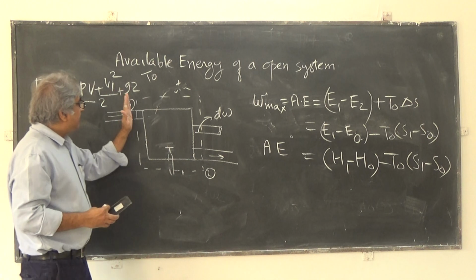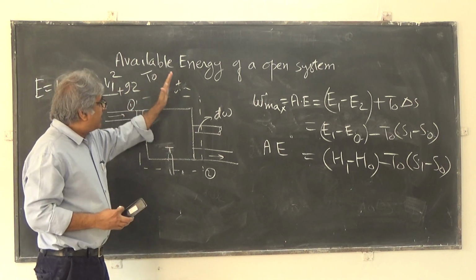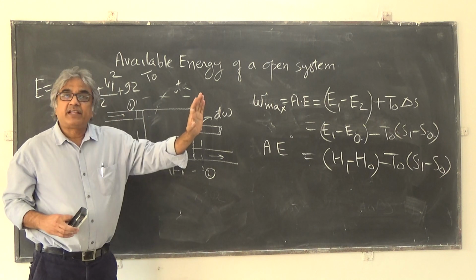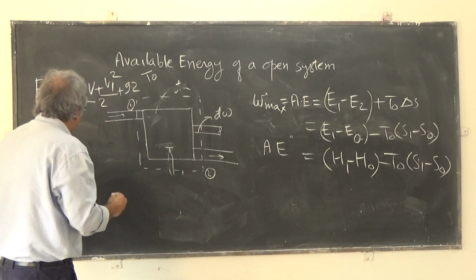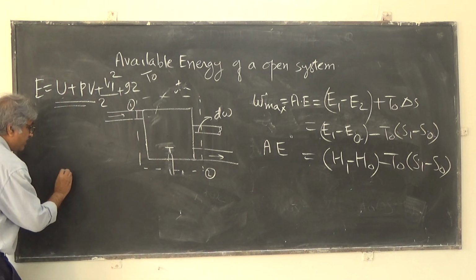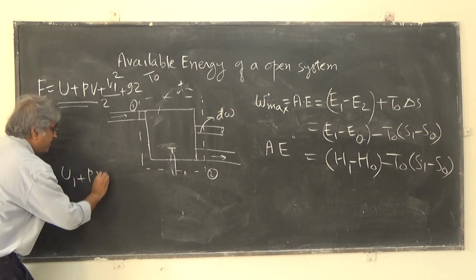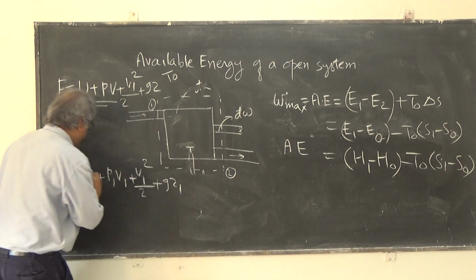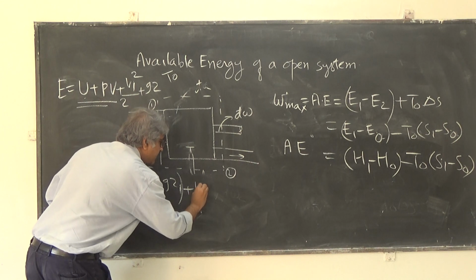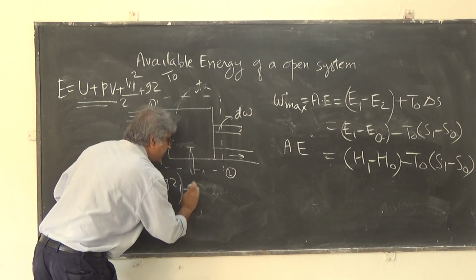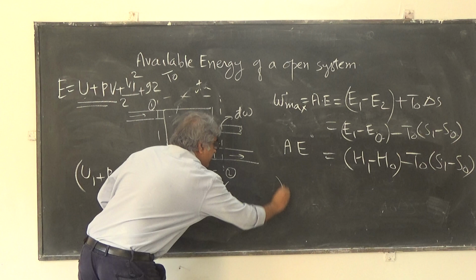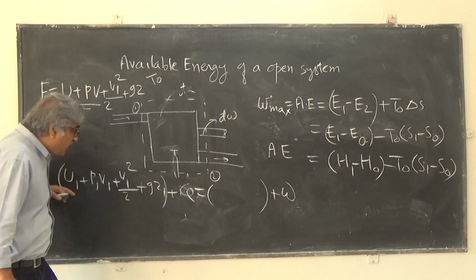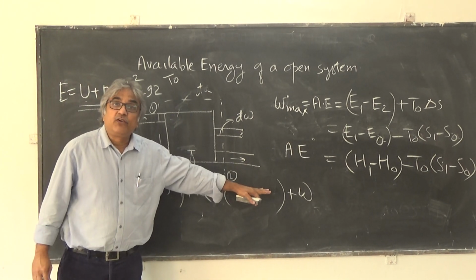You consider energy at section 1, with all the heat and work interactions, and just write the energy balance equation. So your equation there, if you remember, is U1 plus P1 V1 plus V1 square by 2 plus g Z1 plus heat, let's say Q, is equal to all these terms with suffix 2 plus W. Now this was your expression from the steady flow energy equation.